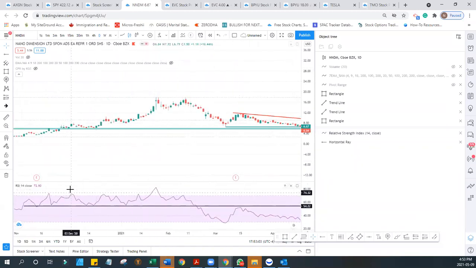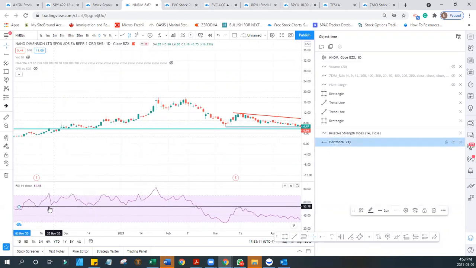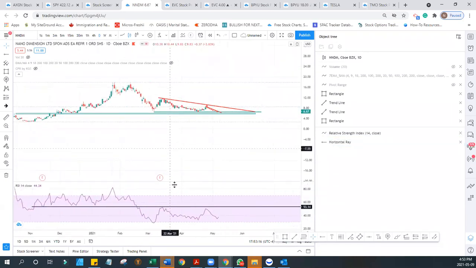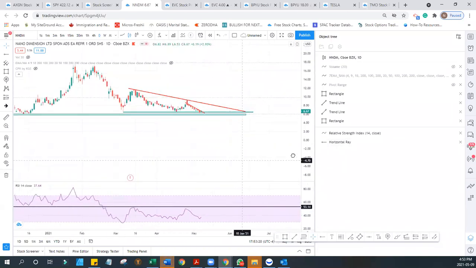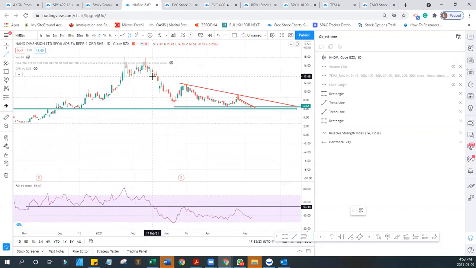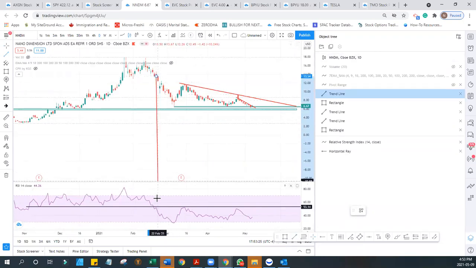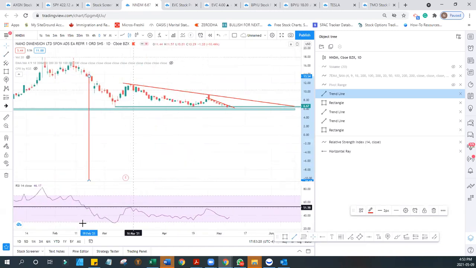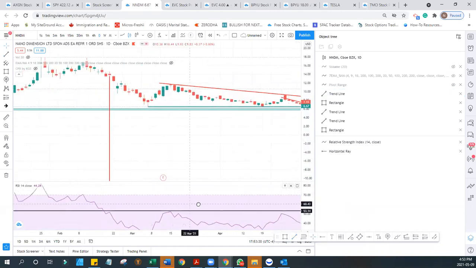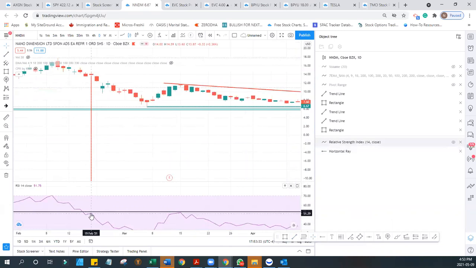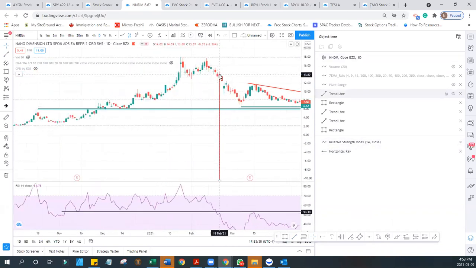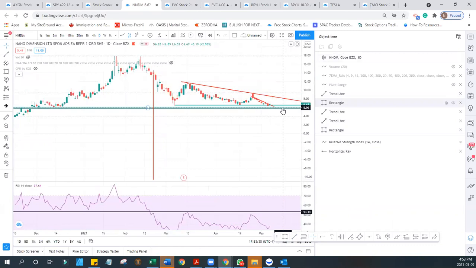So for example, when the price was going up, it was always taking a support from this 52 area. It goes up, down, goes up and down, taking a support. Since then, once the RSI fell from here and took the retracement, the price went from about $14 to about $6.